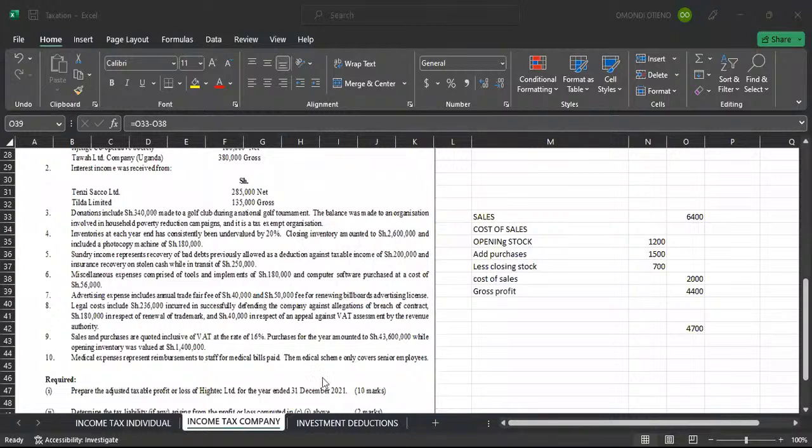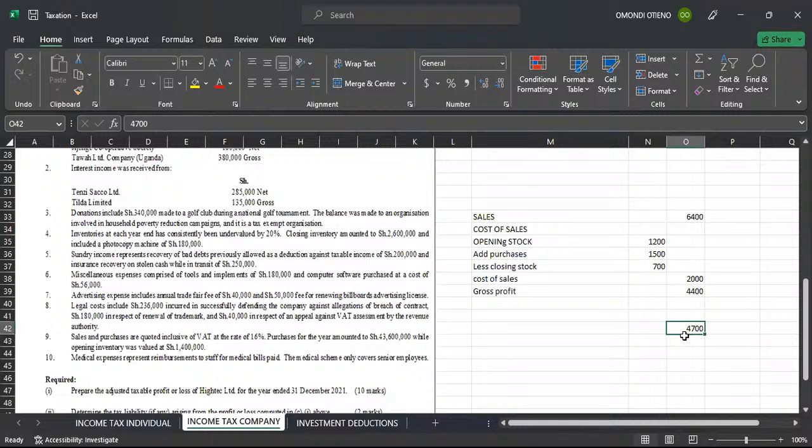From 4,700 to 4,400. So what has happened? If you put the real value of closing stock, our real profit has reduced, our real profit is now 4,400. It means putting the photocopying machine as part of the closing inventory exaggerated our profits.